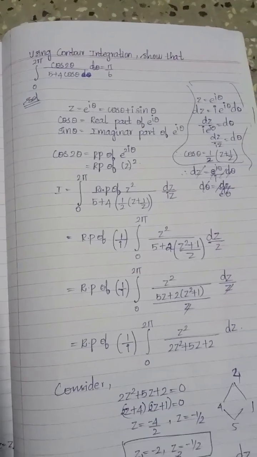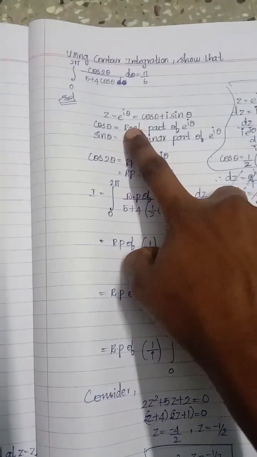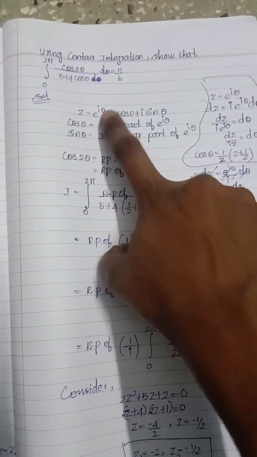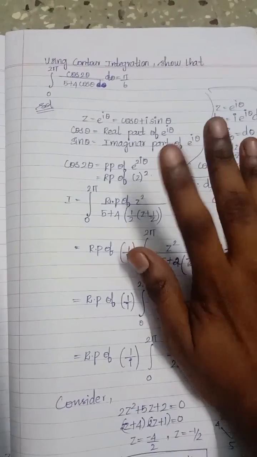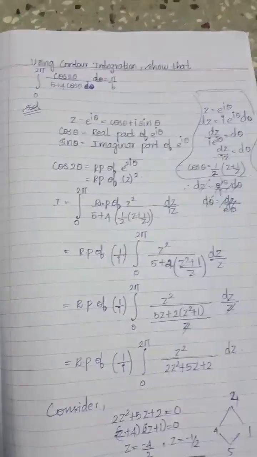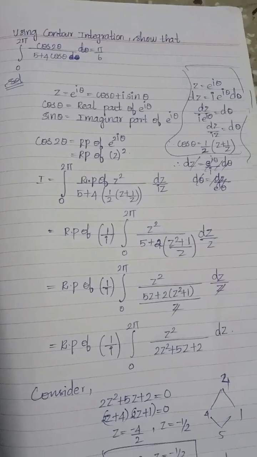z can be written as e power i theta. e power i theta can be written as cos theta plus i sin theta.